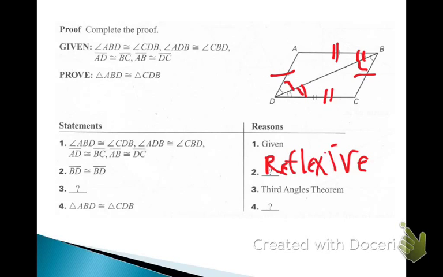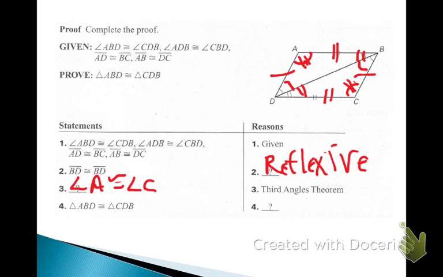Caleb? Angle ABD is congruent to angle CDB. We already know that. That's given to us. What are the unmarked angles? A and C. Those are our third angles. Right? We can say that A is congruent to C because of the third angles theorem. So angle A is congruent to angle C. That's what I can say by my third angle theorem.